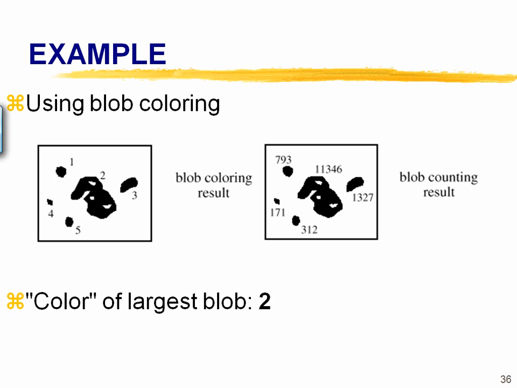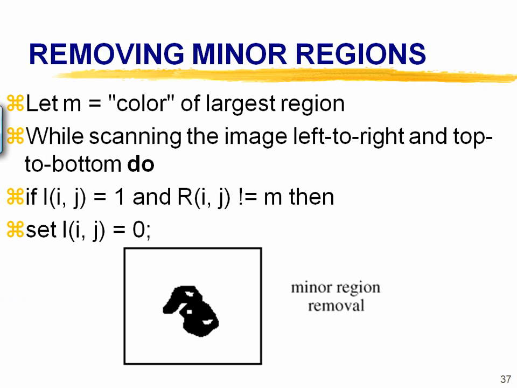So by doing blob coloring and finding the largest, you may be able to get rid of everything else. You set all the other pixels to 0 and you're left with only one object. So one application of blob coloring would be minor region removal.